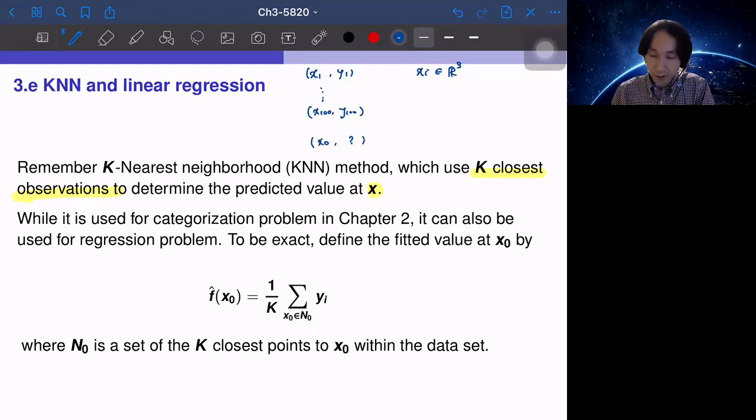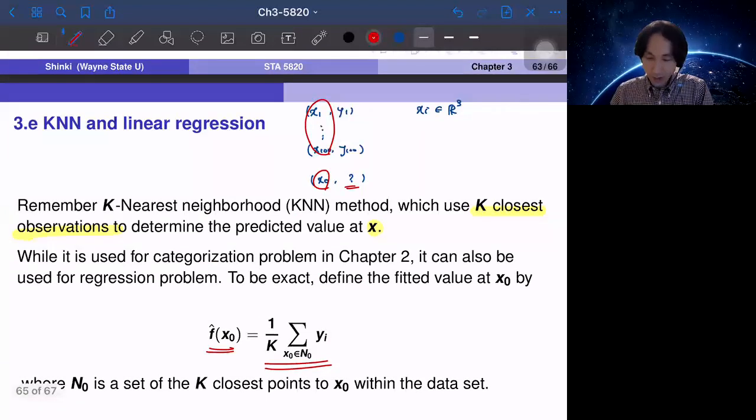How to predict y naught? We choose maybe the 10 closest observations out of these, then take the average value of y. That is a pretty data-oriented way to make a guess on y naught.